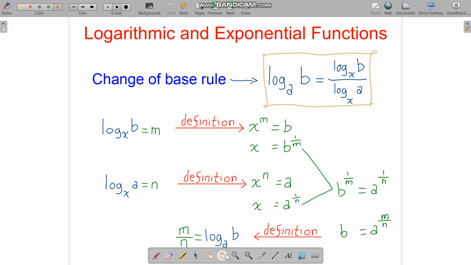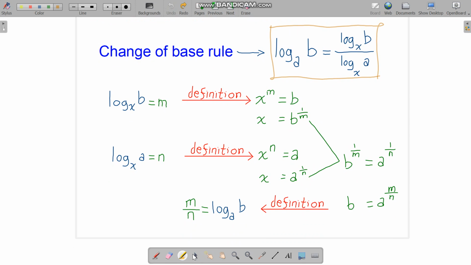And this means if we raise both sides to the power of m, we get this on the right. And now we use the definition again. This means log b base a equals m over n. And of course the m over n is this divided by this, so it's proven.